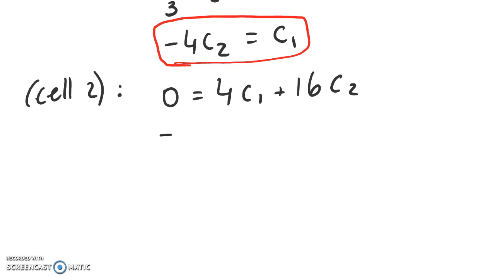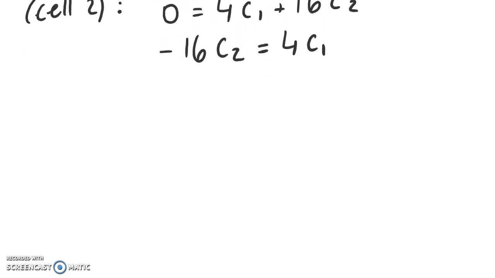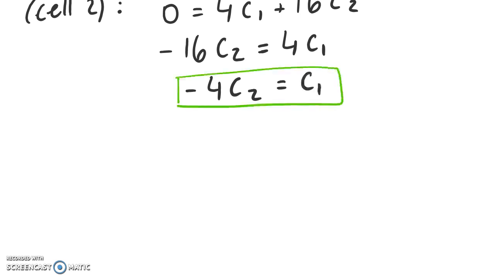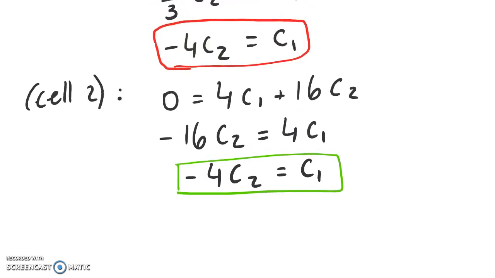We'll take the 16c2 across to the other side. We've got negative 16c2 equals 4c1. We'll divide both sides by 4. We've got minus 4c2 equals c1. And this is the equation that we need to satisfy for cell 2. Let's just have a look back up here. We can see that these equations are exactly the same.